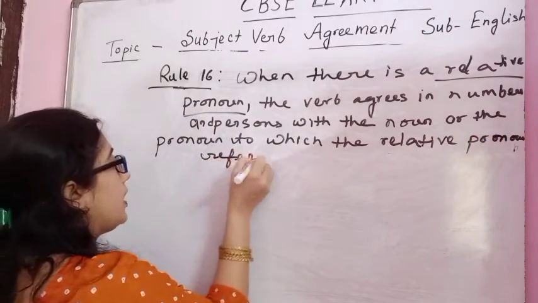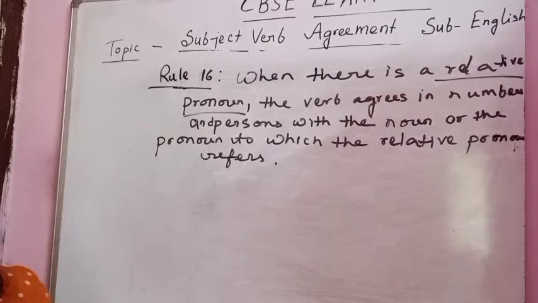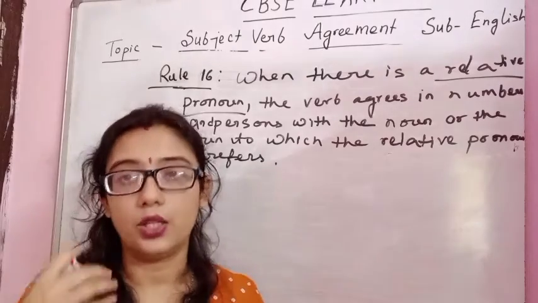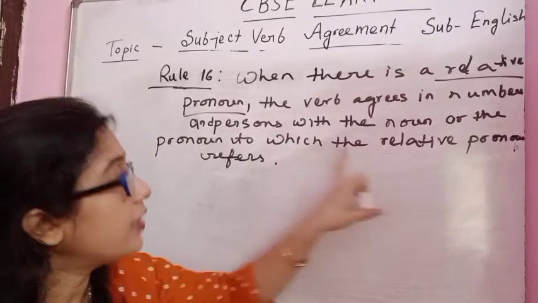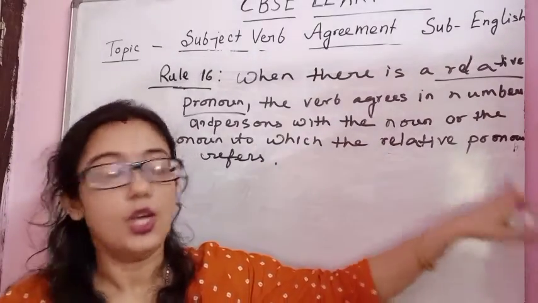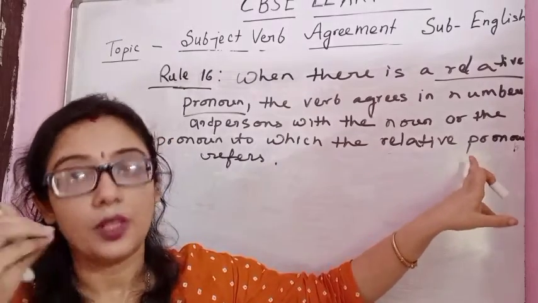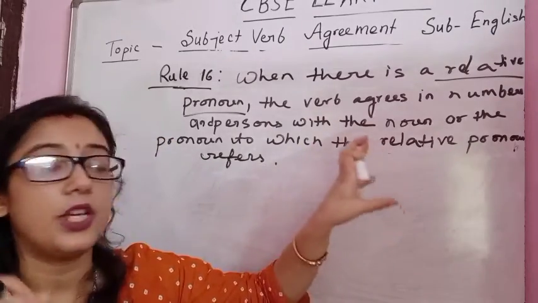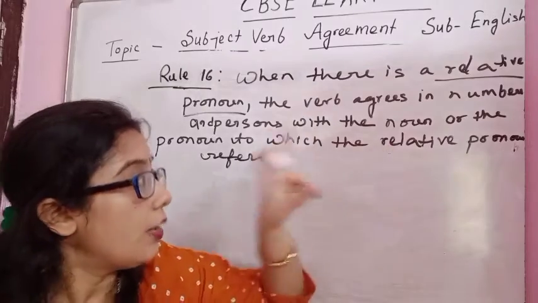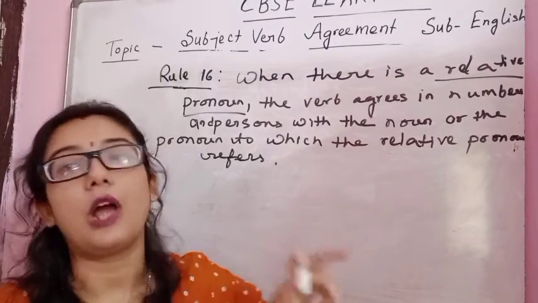Okay. Now see here, if there is a relative pronoun, the verb will agree with the number or the person to which the relative pronoun is referring.